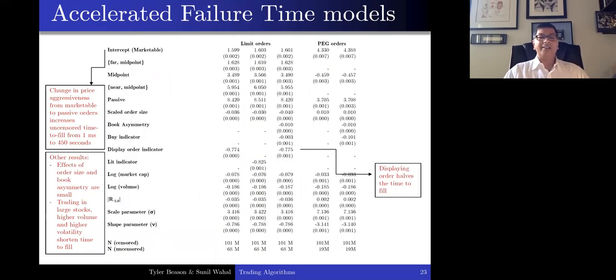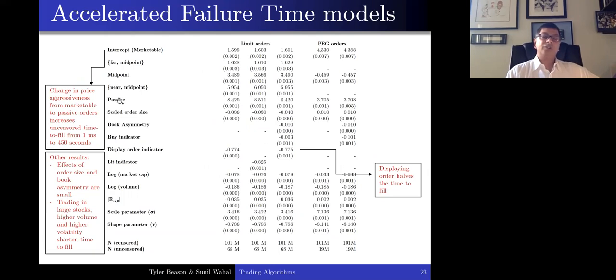So I said I would try to do everything with pictures, and I will, even though there are numbers up here. I'm going to focus on two little things. These are estimates from those accelerated failure time models. The first is the difference in time to fill from whether an order is marketable to passive.